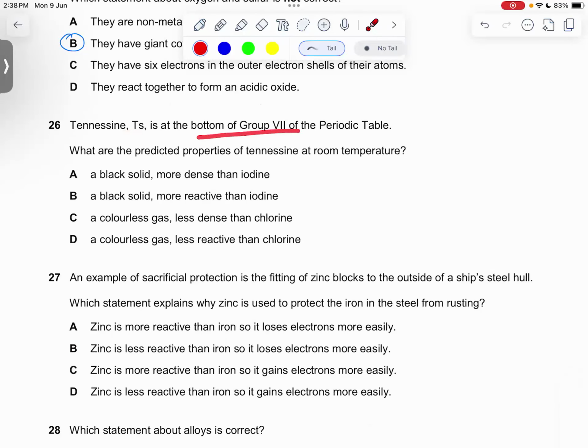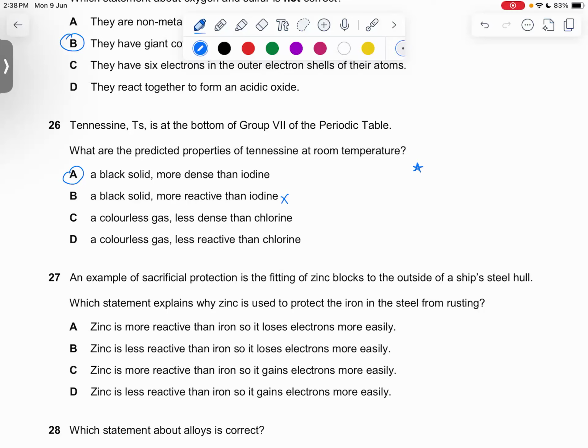Tennessine is at the bottom of group 7 of the periodic table. What are the predicted properties of tennessine at room temperature? A black solid, good. More dense than iodine, yes, that is true. So the correct answer should be A, but let's look at the other ones. Part B says a black solid, okay, good. More reactive than iodine? No. If it is below iodine, then its reactivity is less, because in group 7, reactivity decreases down the group.